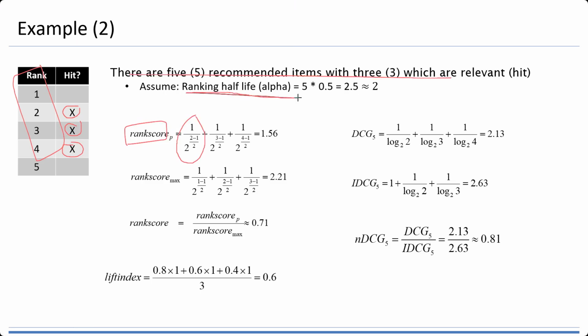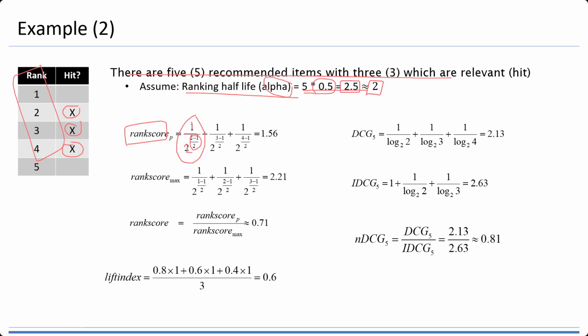And we have the ranking half-life, or alpha, let's make it 5 multiplied by 0.5 equals 2.5. But maybe for easy calculation, let's round it to 2. Okay. And we have 1 divided by 2 power of 2 minus 1 divided by 2.